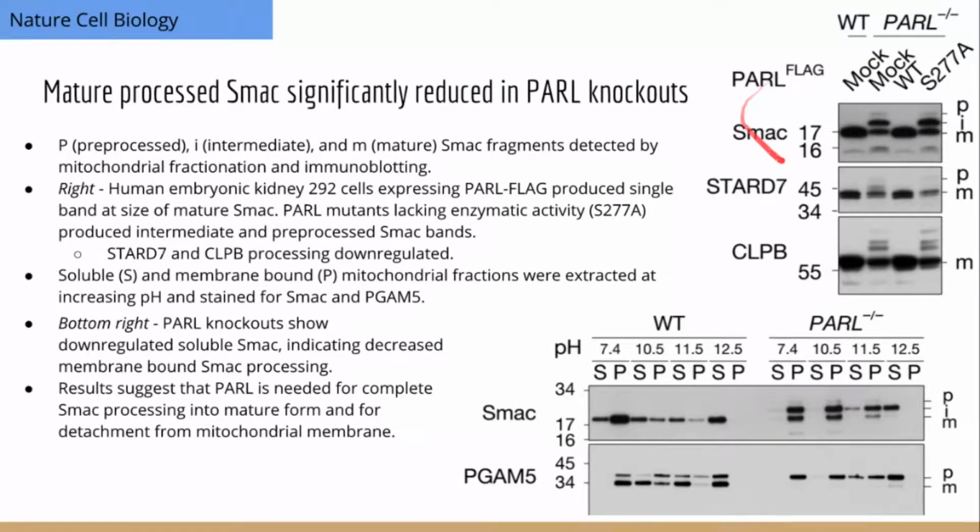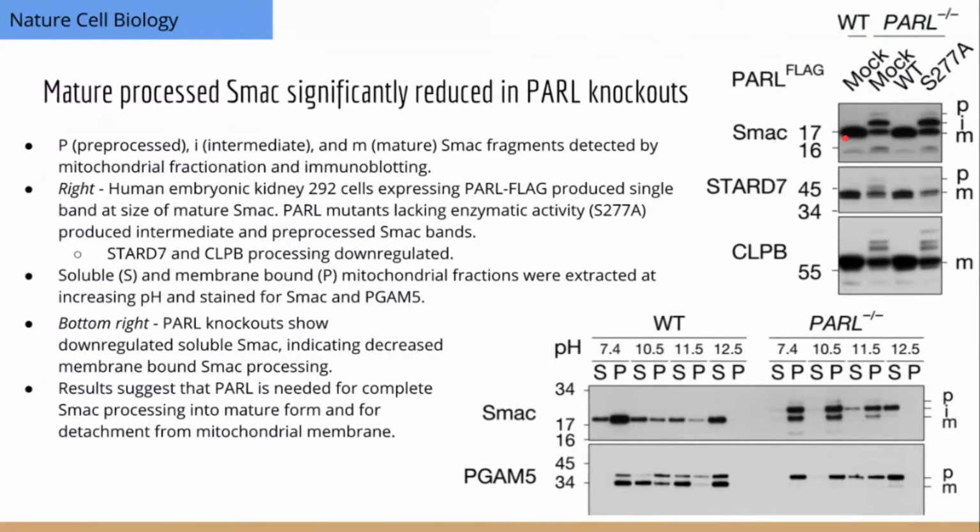So in this western blot to the right, we have a western blot of Smac and STARD7. In these mock controls, we also have wild-type controls, and we have the PARL mutated controls. So in this first lane, we have a wild-type cell with wild-type PARL.